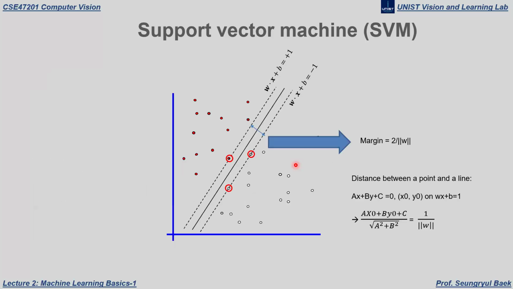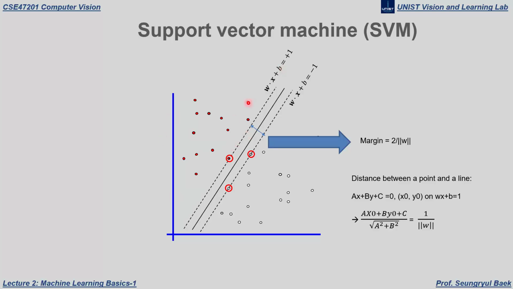We already see that these red samples, their yi is +1. That's the label, right? And these white samples, their yi is -1, okay? And I already told you that for red samples, wx plus b is positive, okay?